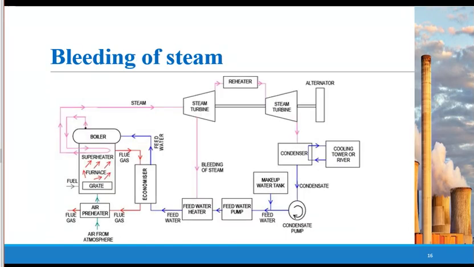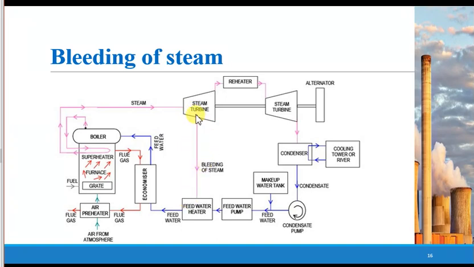So before discussing the feed water heater, we should know the bleeding process of steam in a steam turbine. The bleeding of steam is actually when we take steam from the steam turbine, just as shown in this figure.